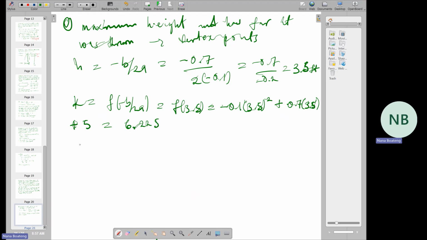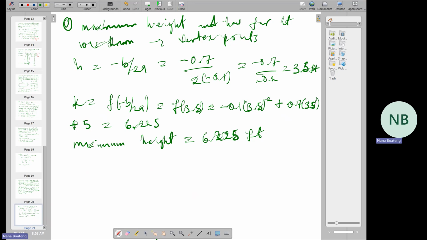So the maximum height is equal to 6.225 feet. And this occurs at the distance of about 3.5 feet.